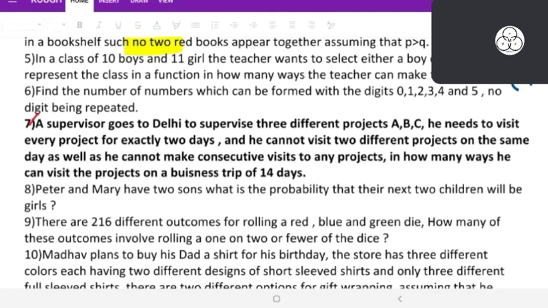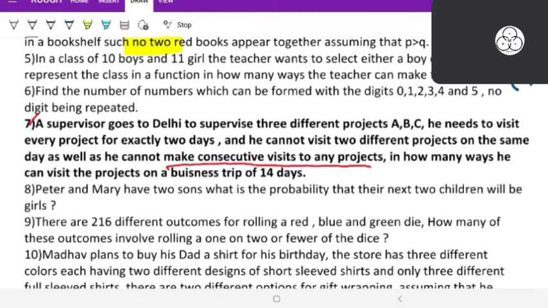As well as he cannot make consecutive visits to any project. See, no 2 visits can be together. Language is changed. In how many ways can he visit the projects on a business trip of 14 days? With this session, we will complete the topic of the gap method. We have also shown one example of the bundle method. These are easy, regular things, not the non-routine part, but we need to study the routine part first before studying the non-routine.